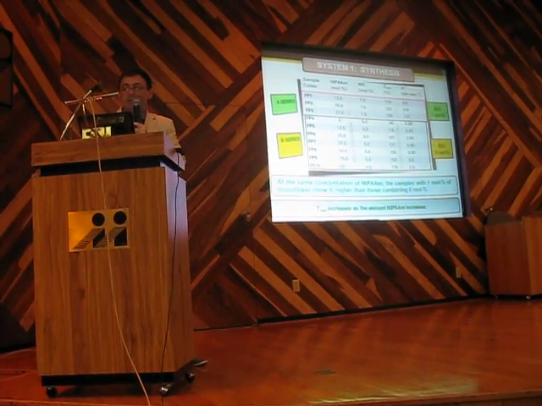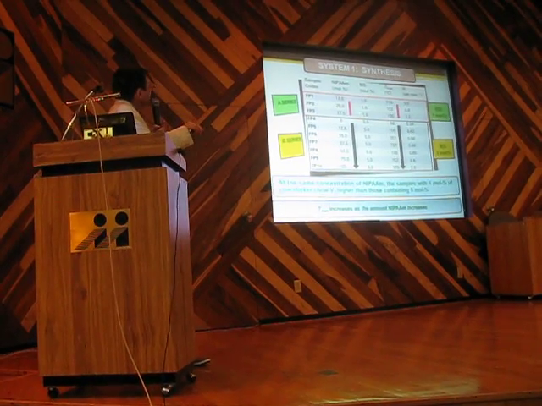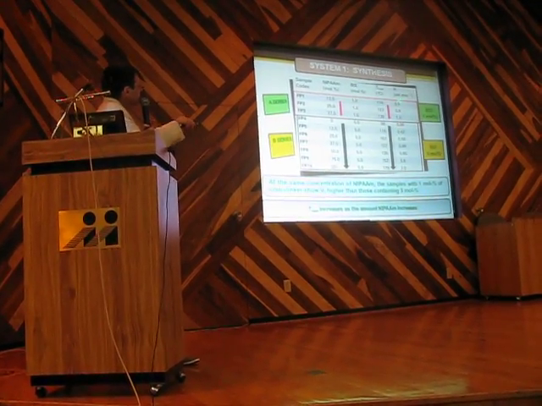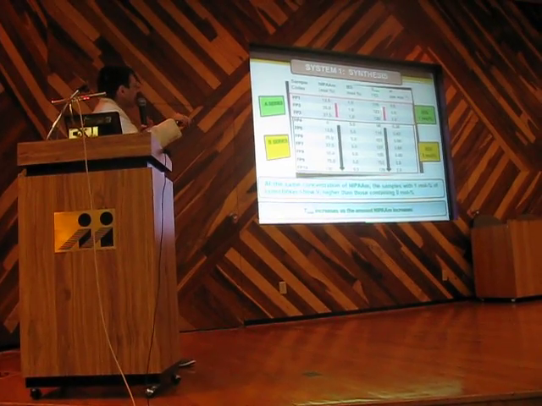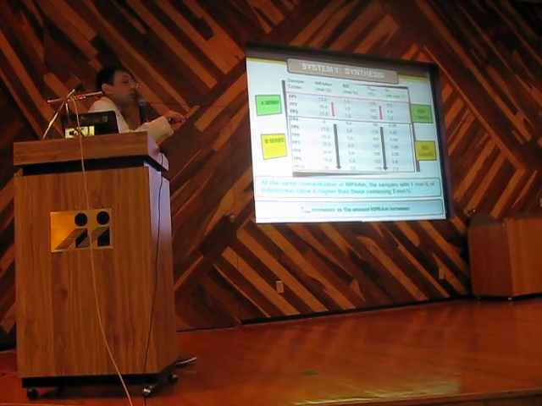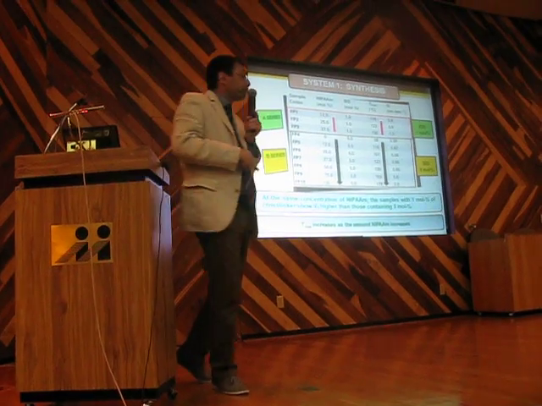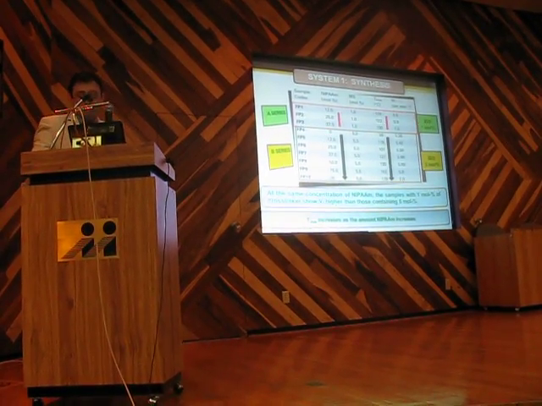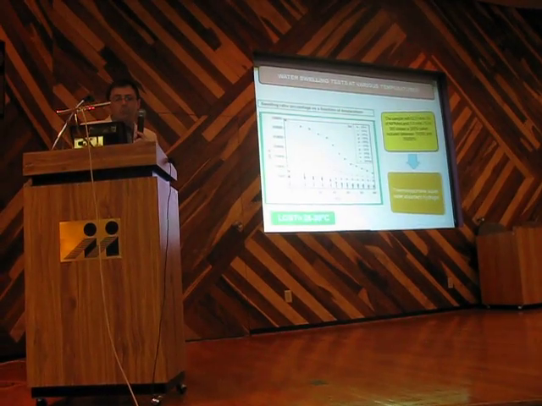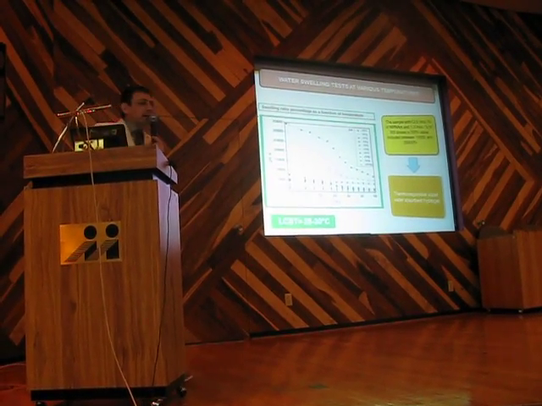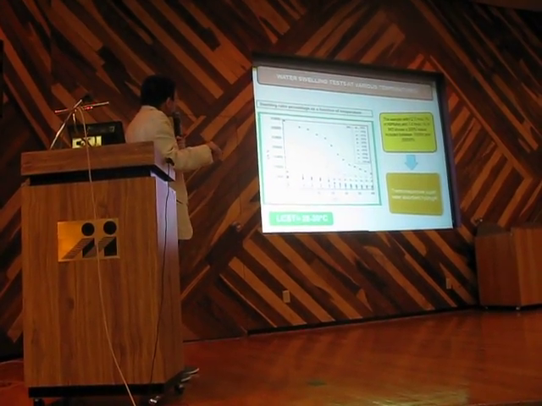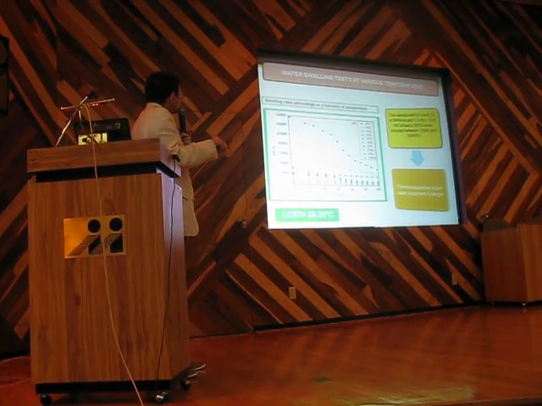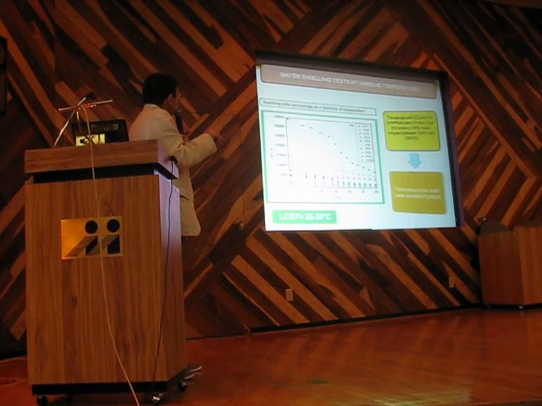As you can see, the higher the amount of NIPAM, the higher the front velocity was in all cases. But what about the swelling ratio? Well, what is very interesting, in my opinion, is this curve.